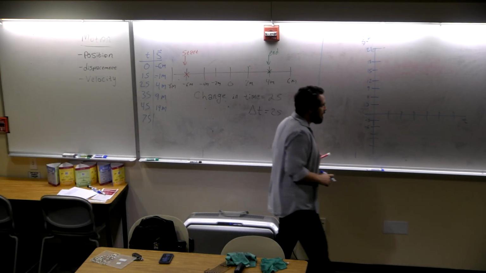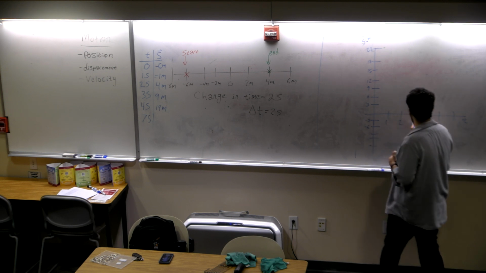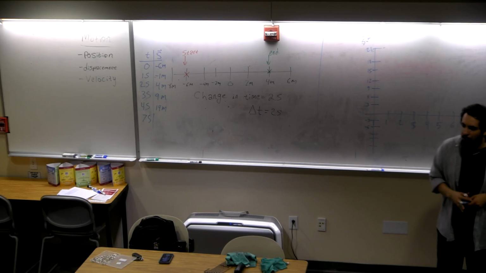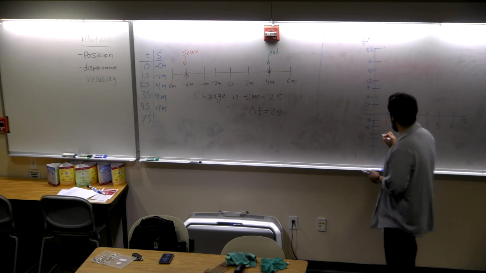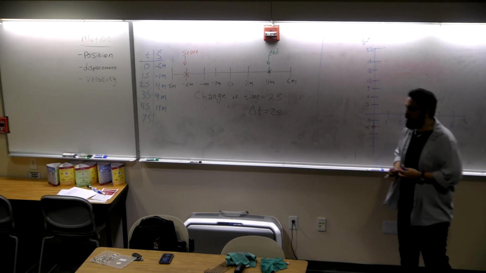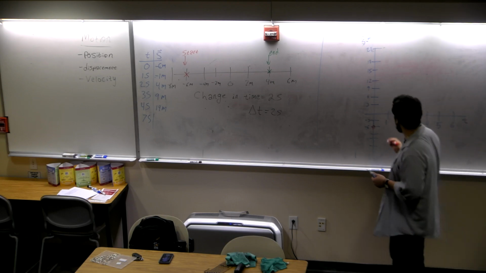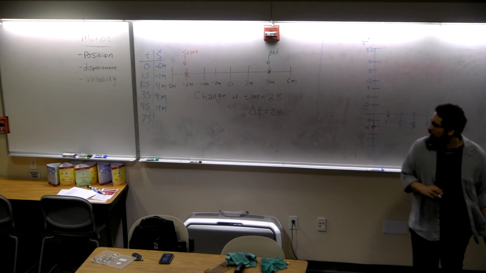At a time of 2 seconds, we should be at 4 meters. 3 seconds, we should be at 9, somewhere around that location right there. 4 seconds at 14. 5 seconds will be at 19. So we'll go ahead and fill that in. And then I don't have any more vertical space, so we'll stop.